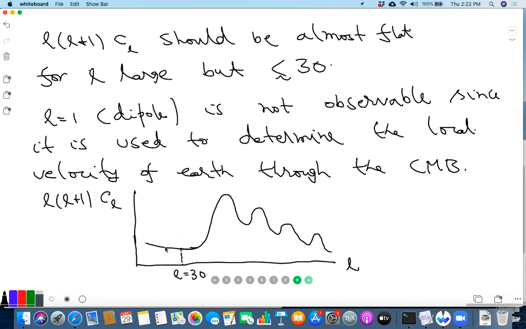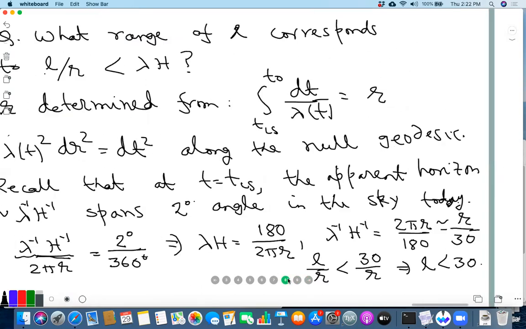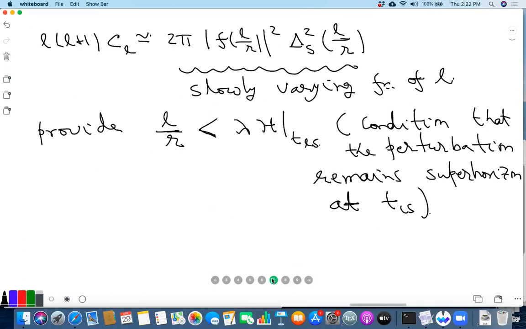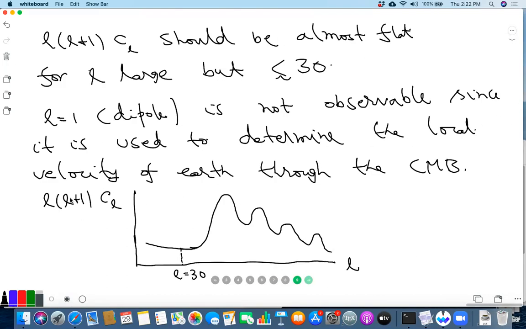So this part is a direct signal that indeed we had a more or less scale invariant perturbation, because delta S being almost independent of K is the statement of scale invariance. The fact that delta S is independent of L over R is the statement of scale invariance, and indeed the flatness that you see there is a statement of that.